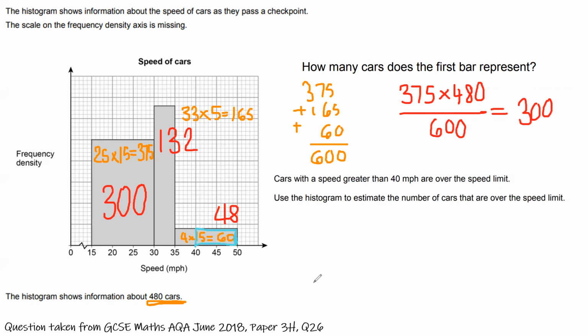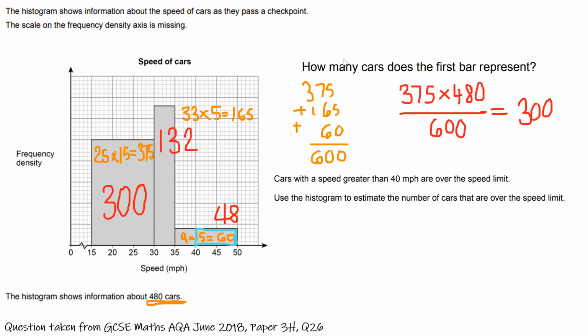It's only part of the bar. So we know that the total bar is 60, but we're only looking at a portion of that bar. So the total of the bar is 60 squares, or even 48 cars. Doesn't matter how we think of this. And we're looking at two-thirds of this bar.